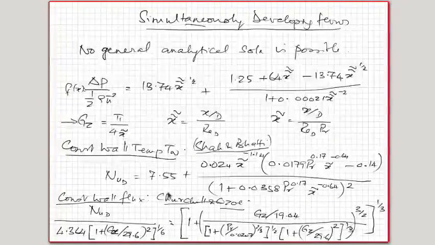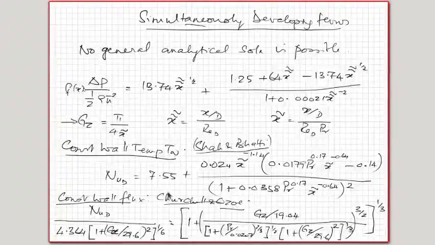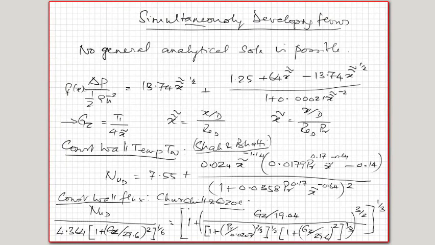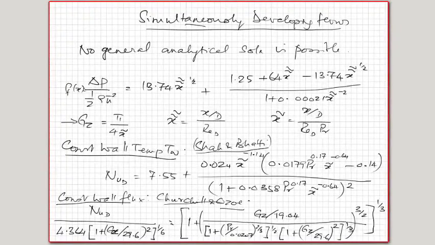You can see that it is not possible to analytically solve this problem. So the problem is either solved numerically or the data is measured experimentally and correlated with the parameters that we are familiar with. That is what I wanted to cover in the developing flows as the content.